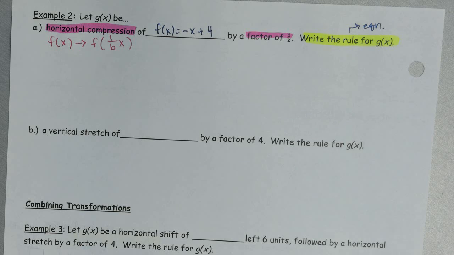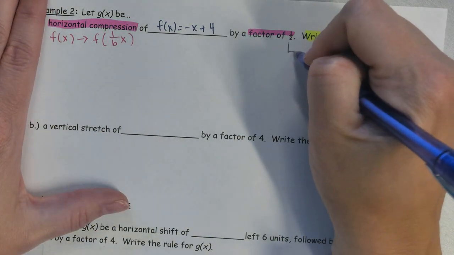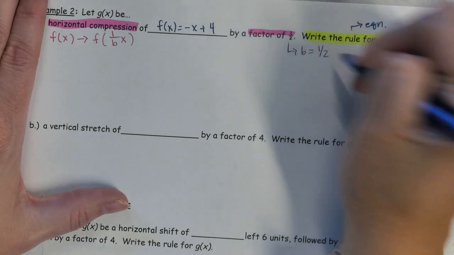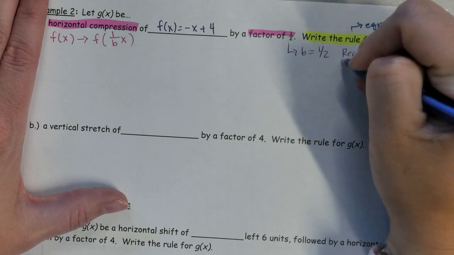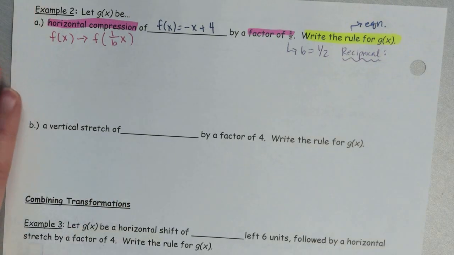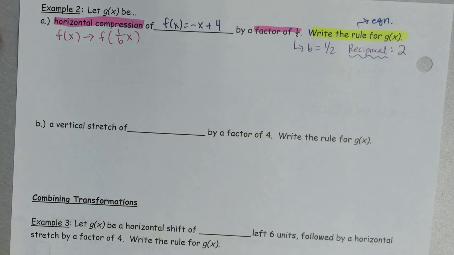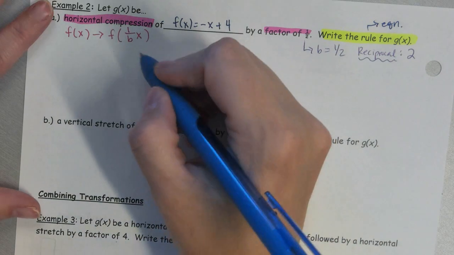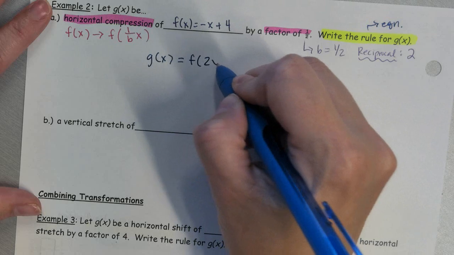So remember, we talked about 1 over b is the same thing as the reciprocal. Okay, so according to this, your b value is 1/2. If b equals 1/2, the reciprocal of 1/2 is what? 2. Okay, so this is going to be g of x equals f of 2x.